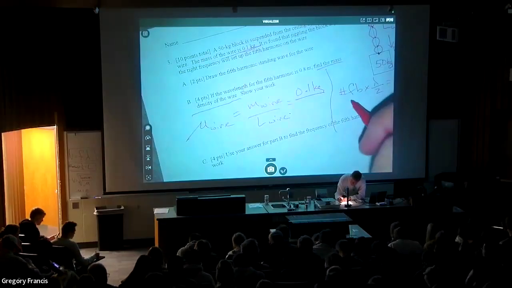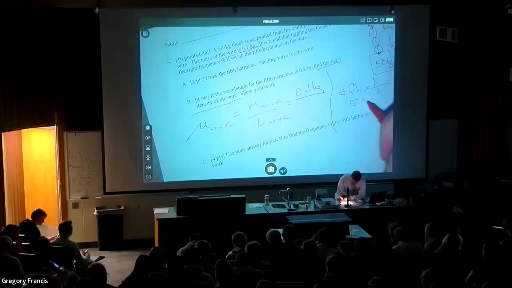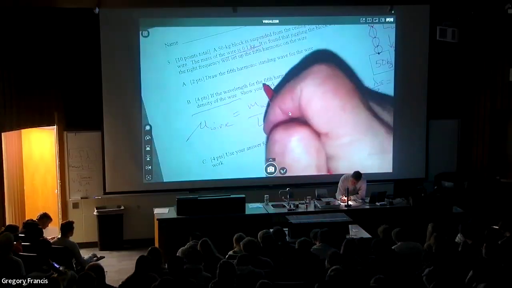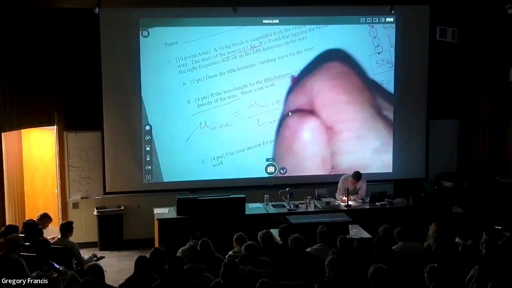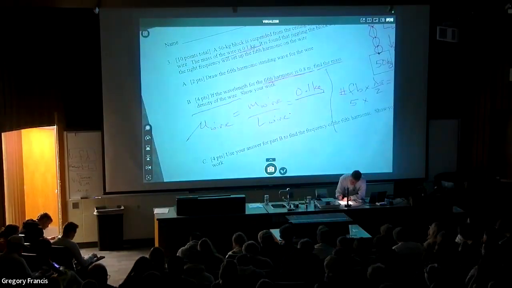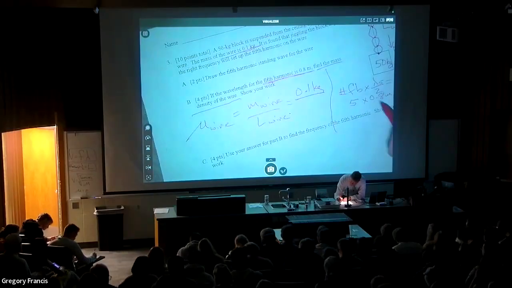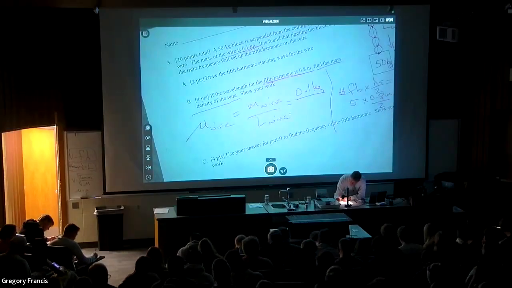In this case, I have 5 footballs, and I know that this is the 5th wavelength, and we're told that the 5th harmonic has a wavelength of 0.8 meters. So I'm going to plug in 0.8 meters, and I have to divide by 2, and that's going to give me the length of the wire.